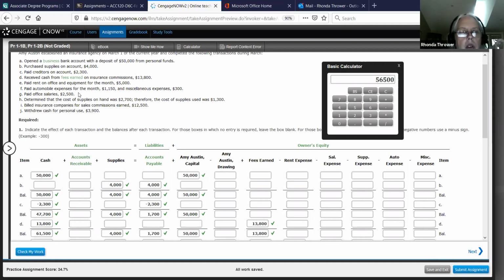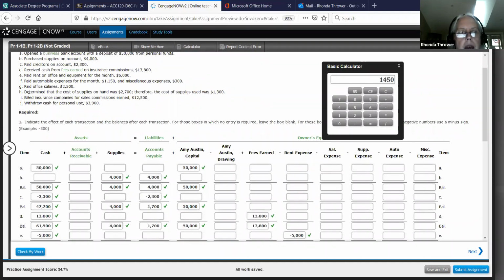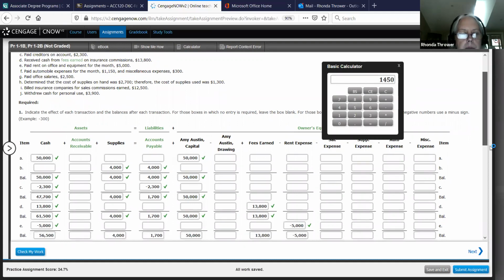So in transaction F, we are paying automobile expenses of $1,150 plus we're paying some miscellaneous expenses of $300. The total of those expenses is $1,450. Since we paid them, our cash is going to decrease.